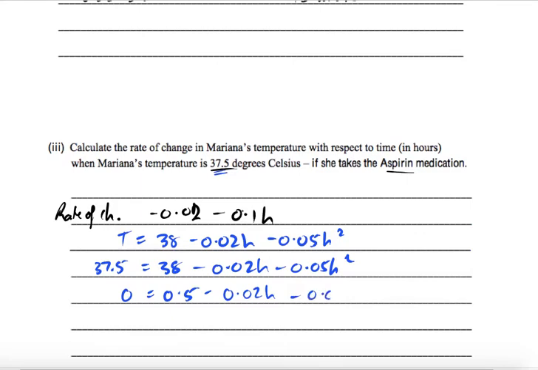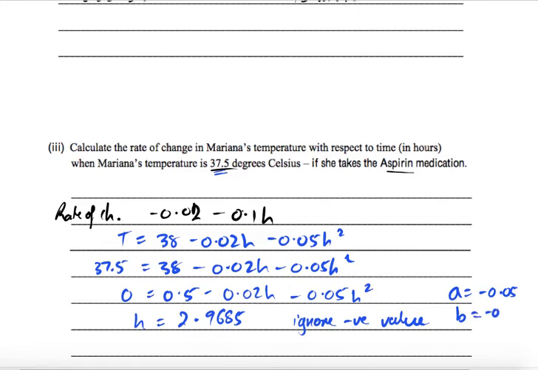Now you can do this on your calculator or using the quadratic formula or try and factorize it, but you'll get H equals 2.9685. That's hours. Ignore the negative value because you don't have a negative time. If you're using the quadratic formula, A equals negative 0.05. Same for your calculator.